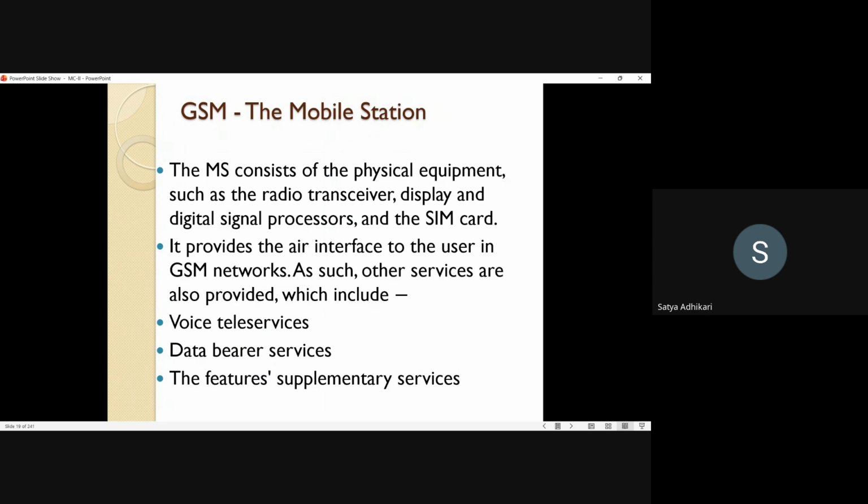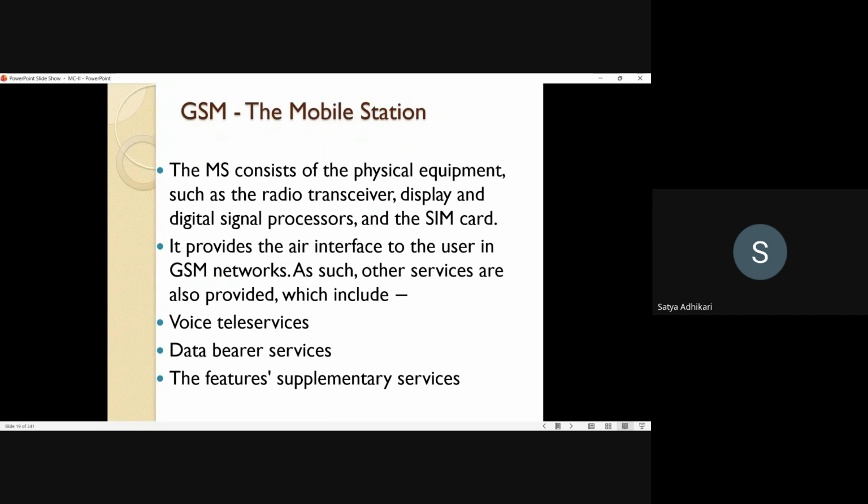You know that you at least need one machine or phone, or any device which consists of the mobile station. So you must have such a device.